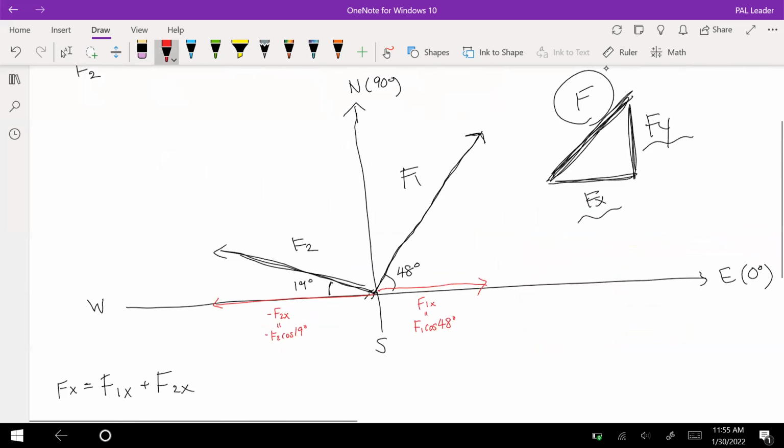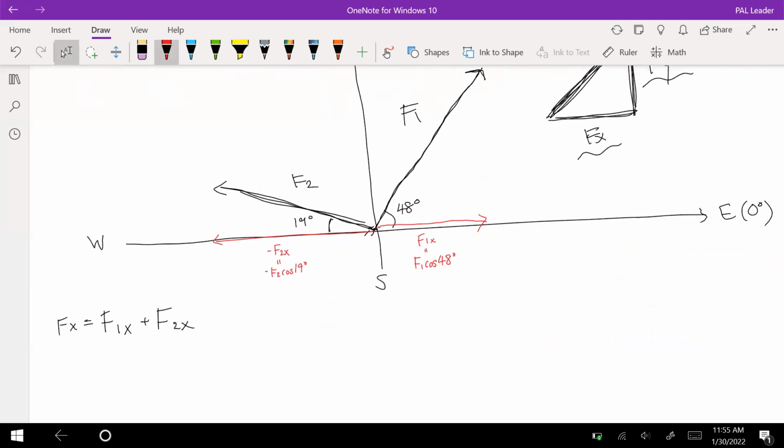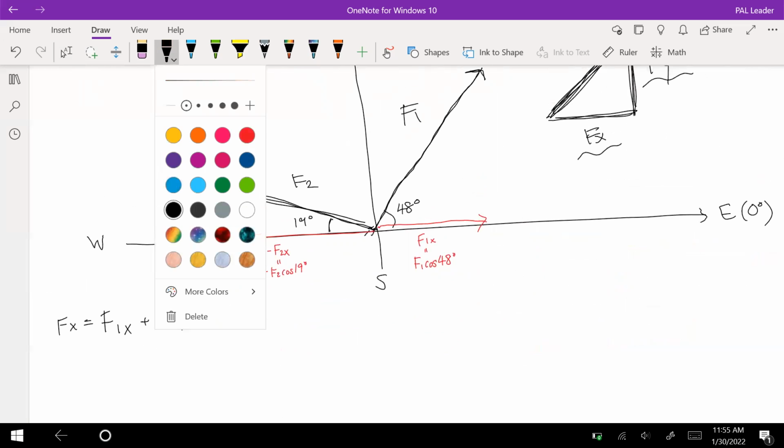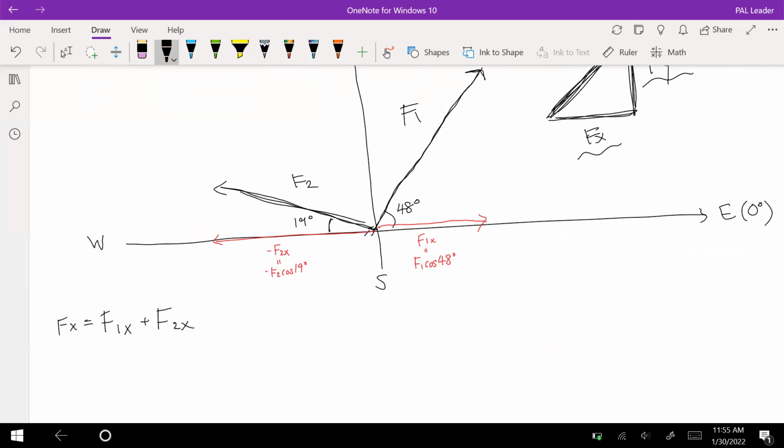Those are just our x components. So let me put that into our equation right here. F1x was F1 cosine 48 plus negative F2 cosine 19 degrees. Let's put in F1 and F2.